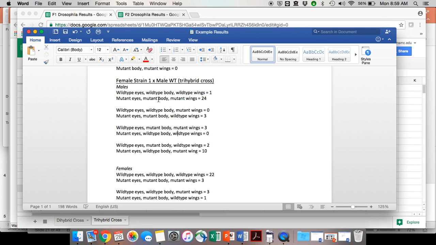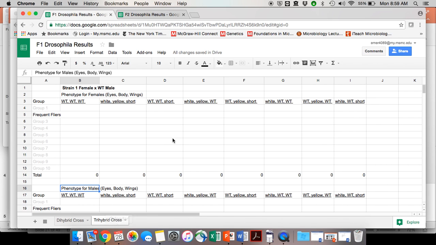And I also set up the data this way because that is how the spreadsheet is set up. They're set up so that the 3 wild type classes are next to the 3 mutant ones. Wild type for eyes and body, and mutant, so short wings, paired with mutant white eyes, mutant yellow body, and wild type wings, and so on. So you can see that these are all paired together.